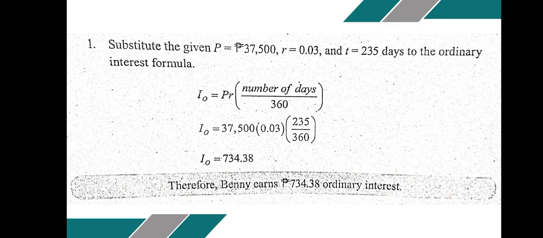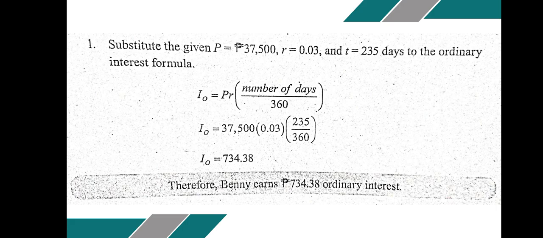So, the principal, which is 37,500, times the rate, which is 0.03, times yung number of days over 360, which is 235 over 360. So the ordinary interest na nakuha ni Benny is 734.38 pesos. That is for the ordinary.